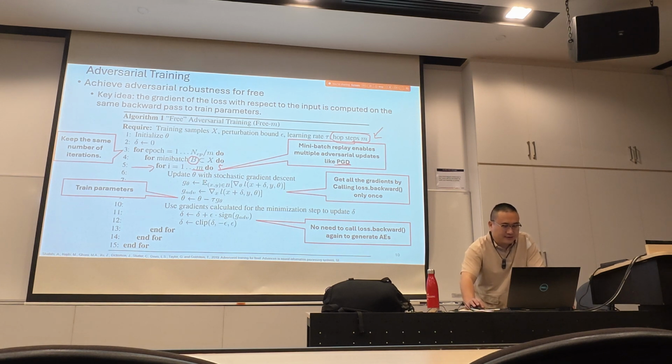And to keep the same number of iterations in training the model, we need to divide the total number of epochs by m. That's why we have a division by m here. For example, at the beginning, if we want to train the model for 100 epochs, and we follow the style of PGD and set m equal to 5, then for each mini batch of data, we actually visit it 5 times.